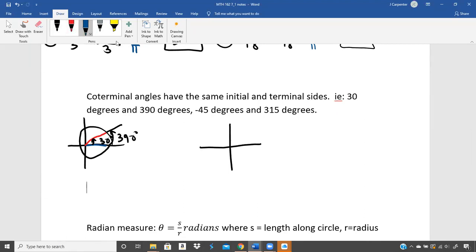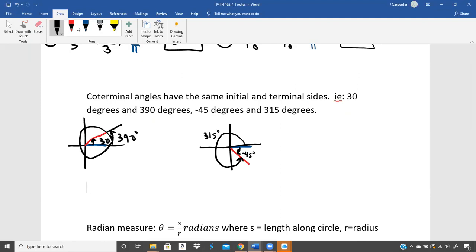All right, initial here, terminal, we're going to go with negative 45 degrees, which would be there. So here, if you rotate this way, that's negative 45 degrees, but it's the same as if you'd gone counterclockwise instead, and that would have been positive 315 degrees. So coterminal angles have the same initial and terminal sides.